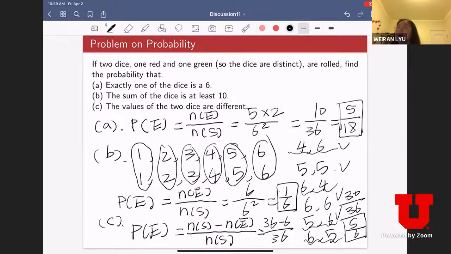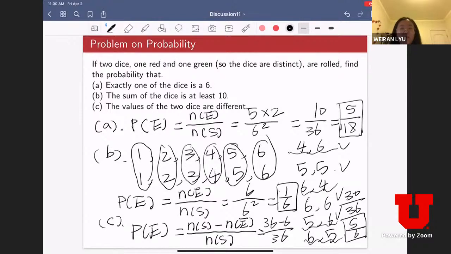I guess if you just draw the... I believe, yeah, if we think about the sum of the dice being at least 10, and if the dice are identical, let me think.